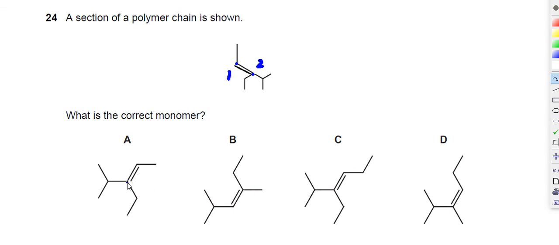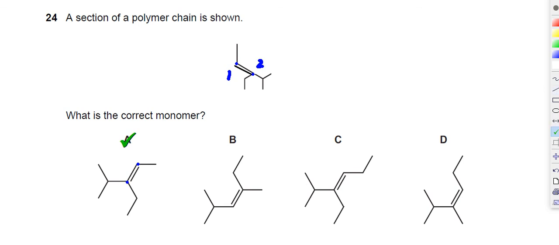So I'm going to check A, B, C, D one by one. Bonded to CH3, correct. Then bonded to an ethyl group, and bonded to this alkyl group. Now, A matches the structure of the monomer.